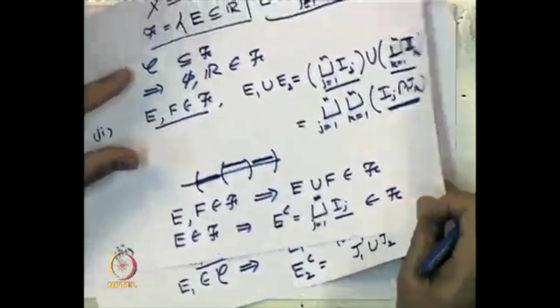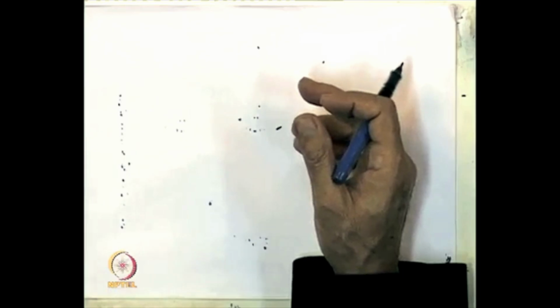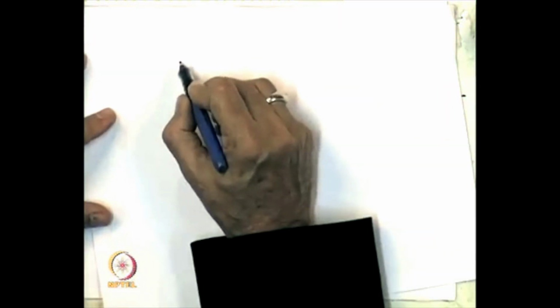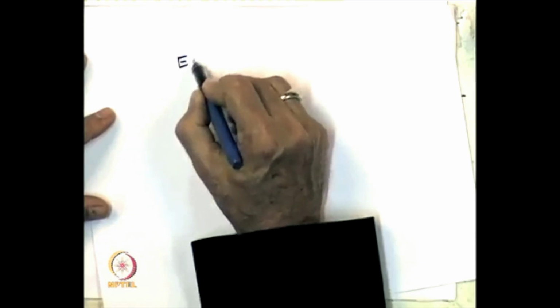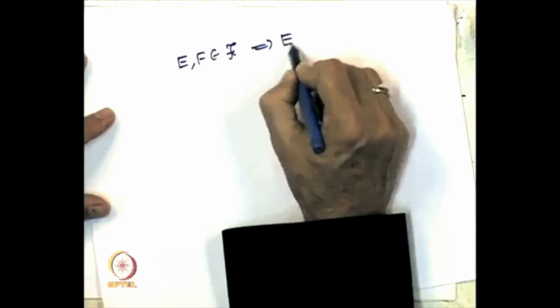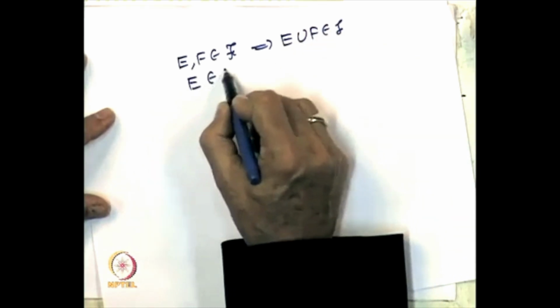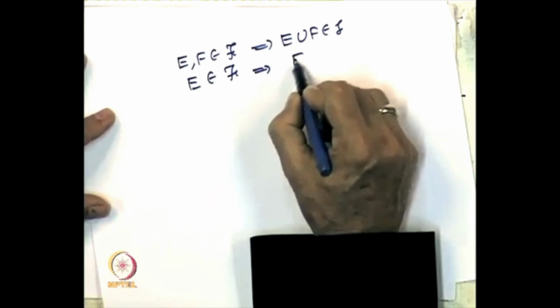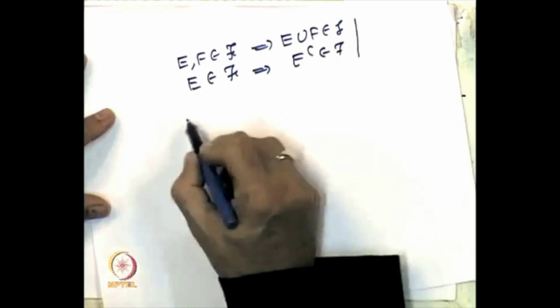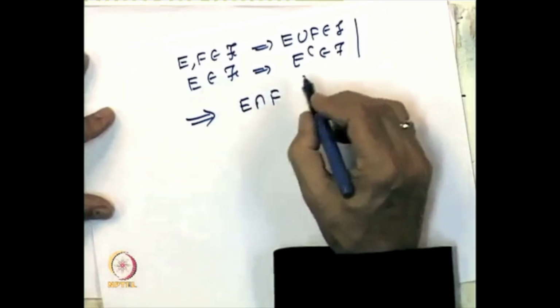Now it's a simple matter for us to check that whenever a collection of sets has these two properties, E and F belonging to it implies E union F belongs to it, and E belonging to it implies E complement belongs to it, then E intersection F also belongs to it.